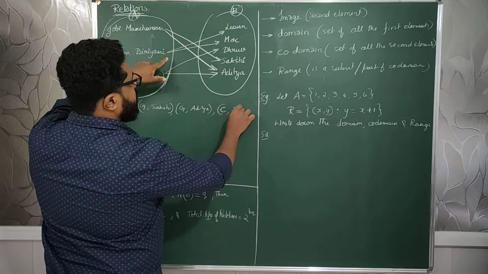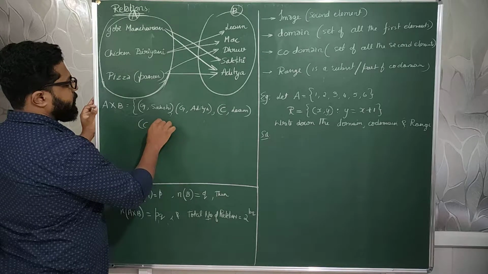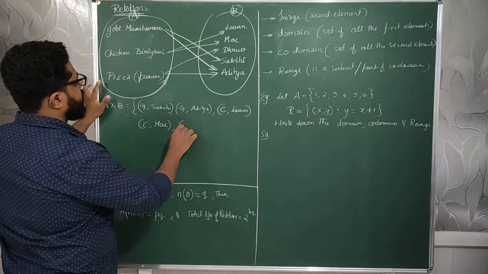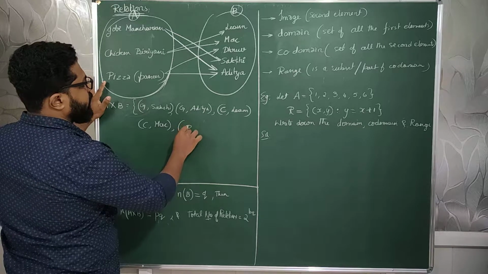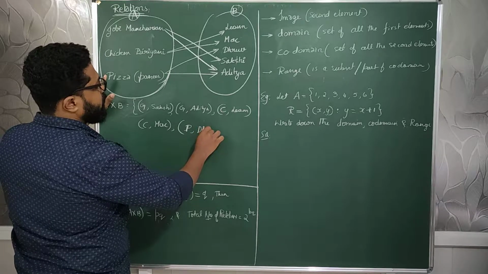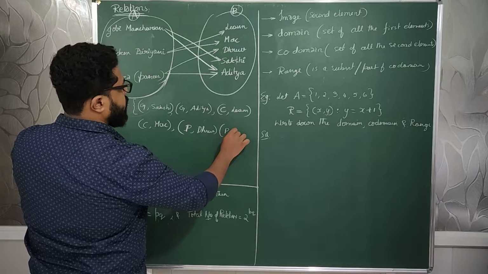Leanne and Matt. So C comma Leanne and C comma Matt. Then pizza, I'll write it as P. P comma Drew, and P comma Aditya also, right?